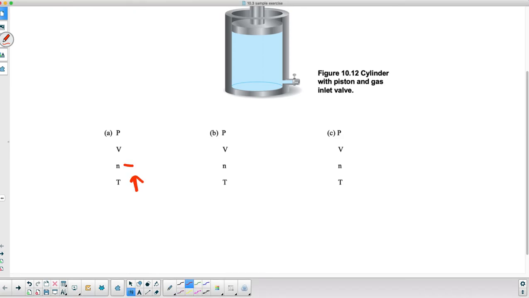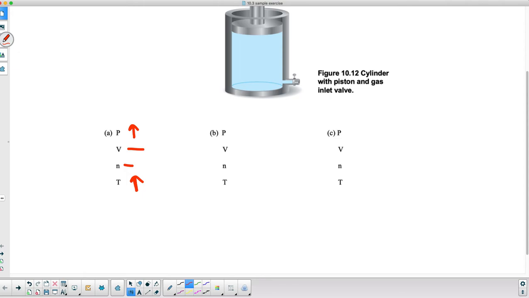The number of moles is not changing, and it actually says the piston doesn't change either, which means that the volume stays the same. Okay, so what happens when we have pressure versus temperature? If you increase the temperature of a fixed gas, what happens to the pressure? And it looks like the pressure is going to go up.